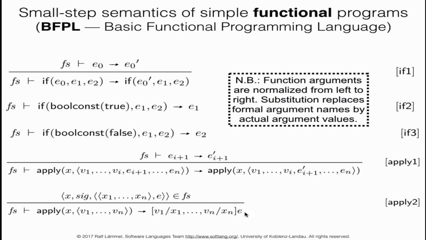That's also an interesting point here, that we do not form any environment or any context, but rather we use substitution to actually replace occurrences of variable names or argument names by the corresponding values. This is necessary because we are in small step style, so using an environment would not be straightforward here.